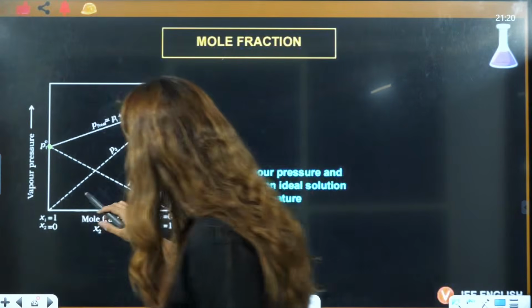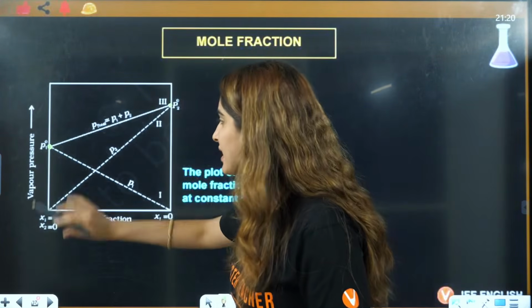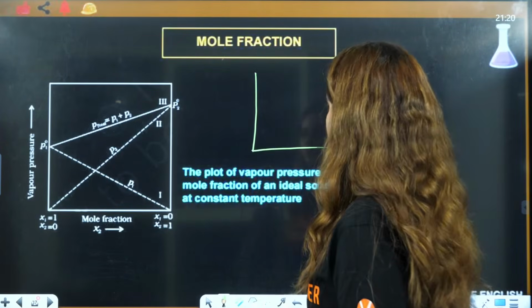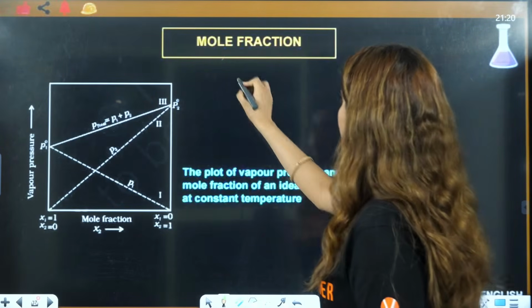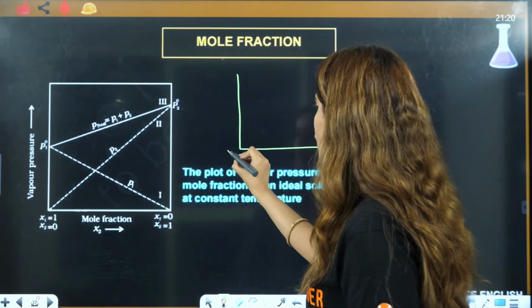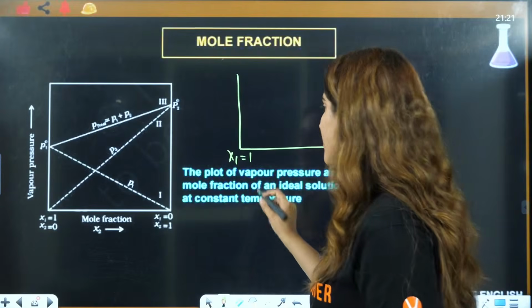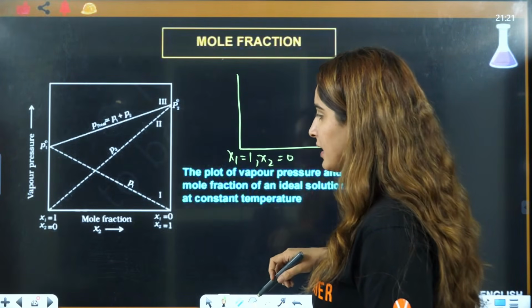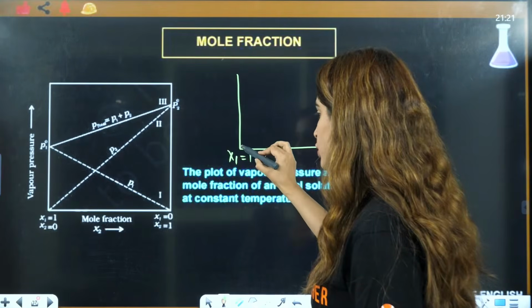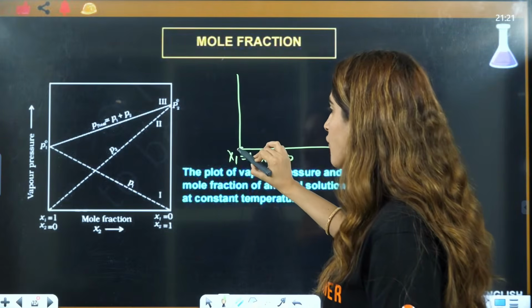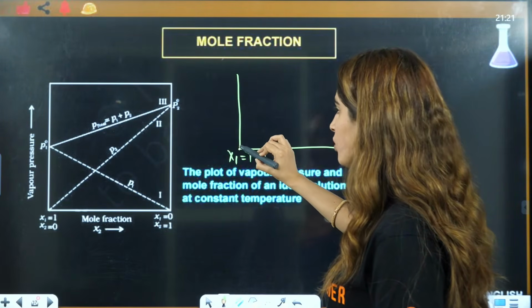When you join this, this is 1. This is when you have the mole fraction of 1 as 1, the mole fraction of 2 is 0. So what is happening here? The mole fraction of 2, we are increasing.